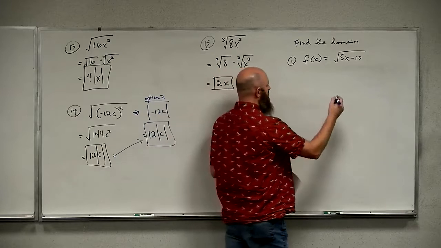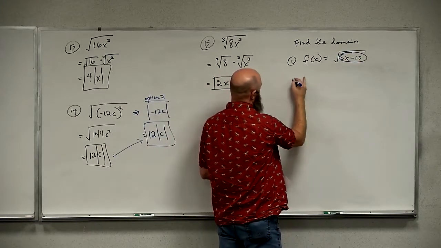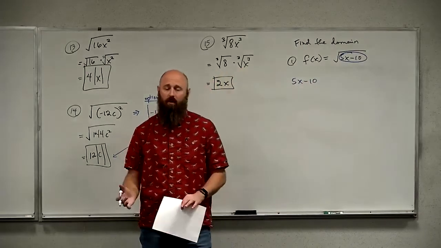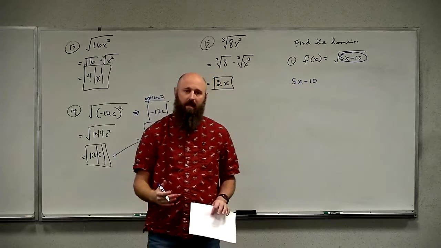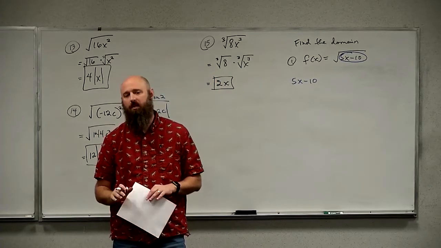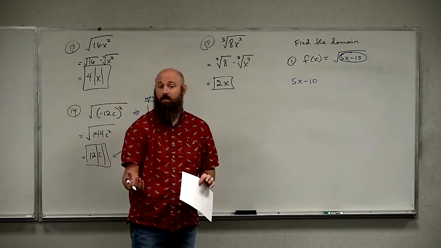Now to do that, we're going to take what's inside the radical, 5x minus 10. And we don't want it to be negative, which means we want it to be positive, but it can also be 0. 0 is not a problem. We can take the square root of 0 because that's 0.